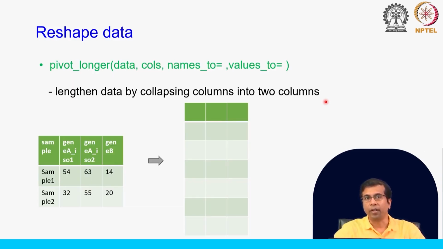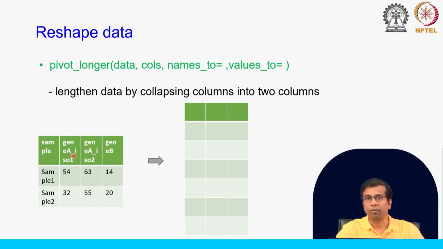Pivot longer means it lengthens data by collapsing columns into two columns. So, for pivot longer, we take the data frame that we want to apply this function to, the column names that you want to collapse, and the names to and values to.